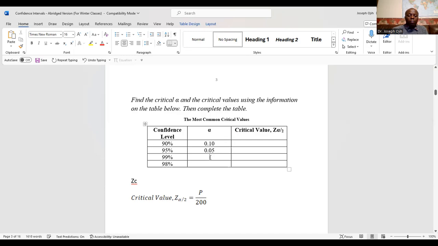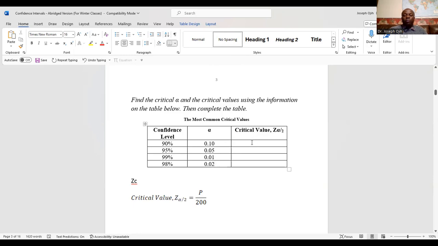If you're 99% confident, your chance of being wrong is 1%, which means that your alpha is 0.01. And if you're 98% confident, your chance of being wrong is 2%, which makes the alpha 0.02.